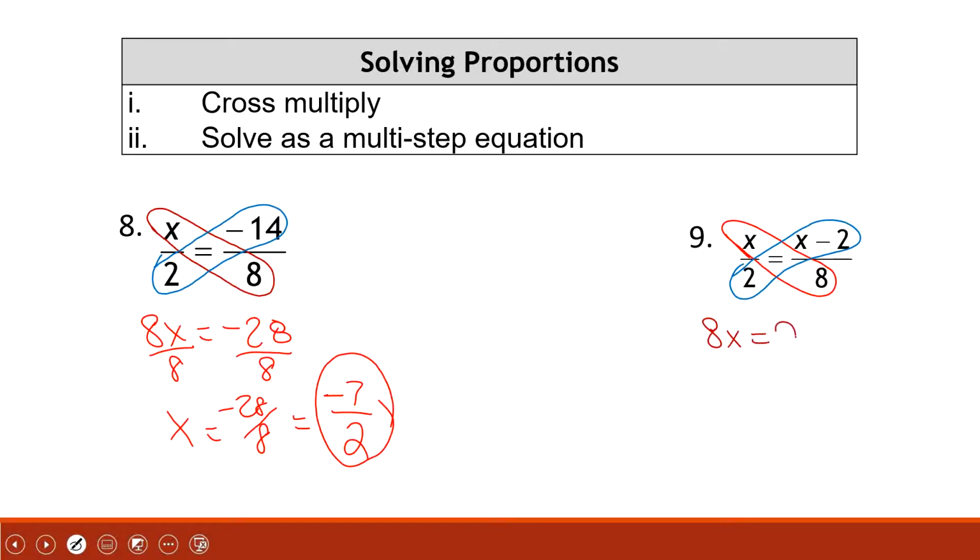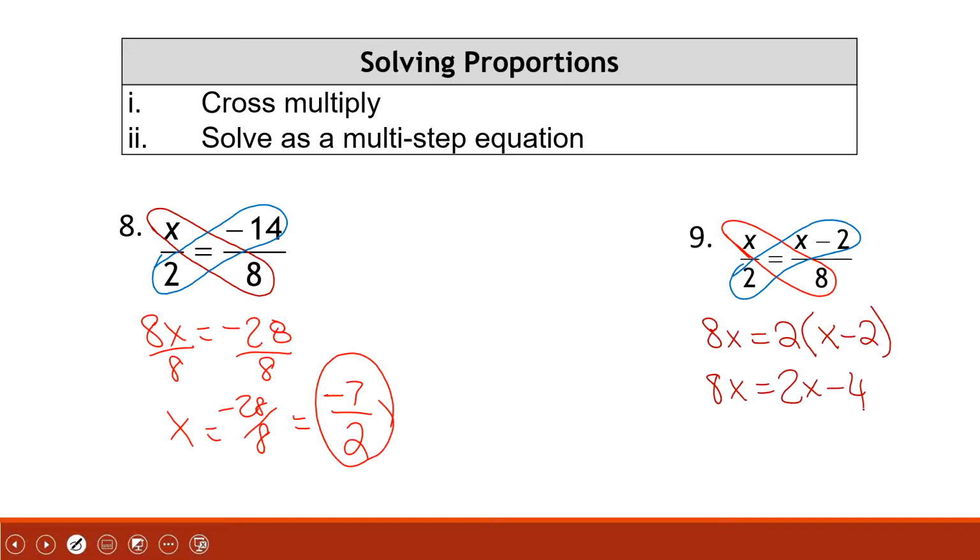That's going to equal now 2, and then in parentheses, it's multiplied 2 times x minus 2. So think of it now, we've just created a distributive property. We have to distribute that 2 through both terms, the x and the negative 2. So our next step then is going to be 8x is going to equal 2x minus 4 when we distribute the 2 through.